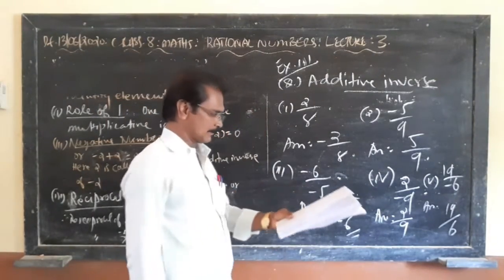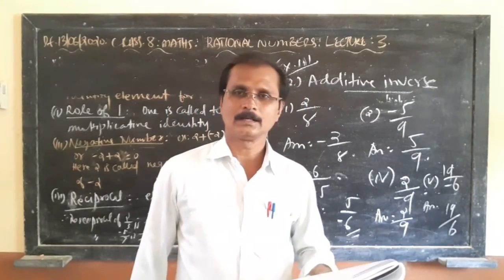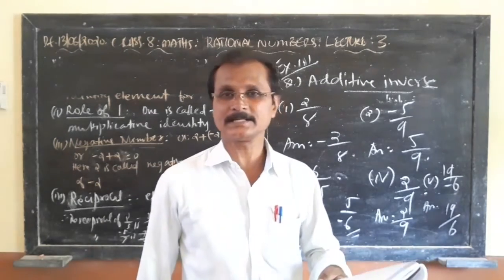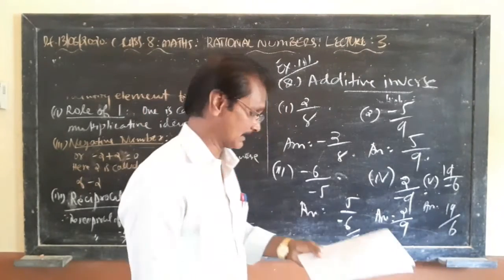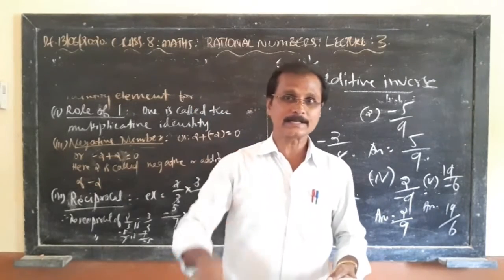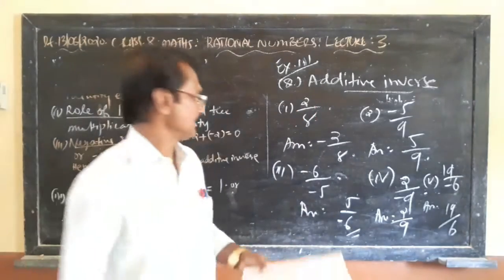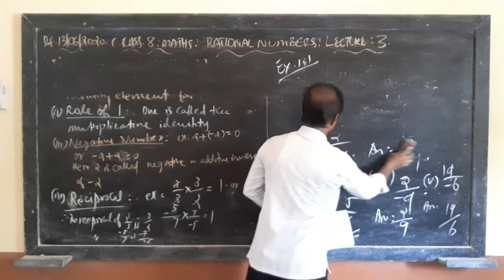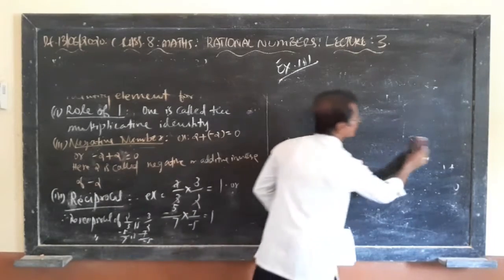And the second question: find the multiplicative inverse of the following. Multiplicative inverse means changing the numerator and denominator.